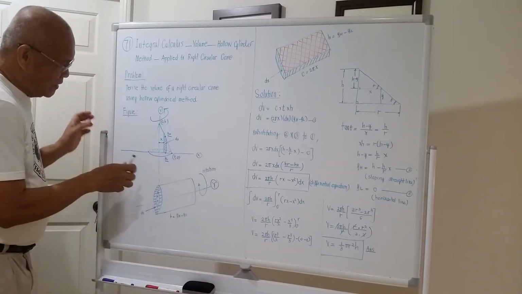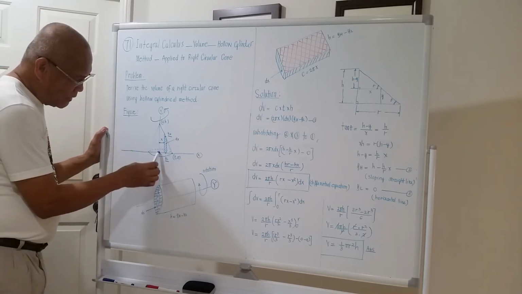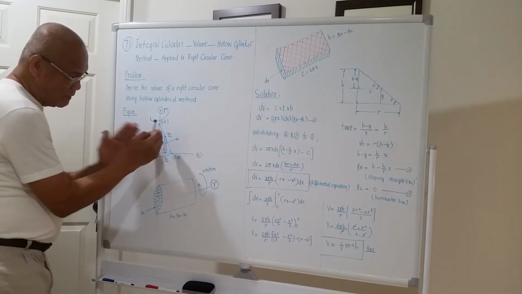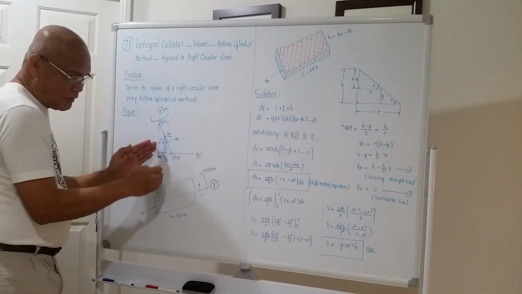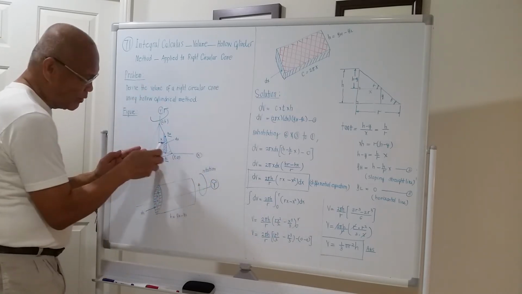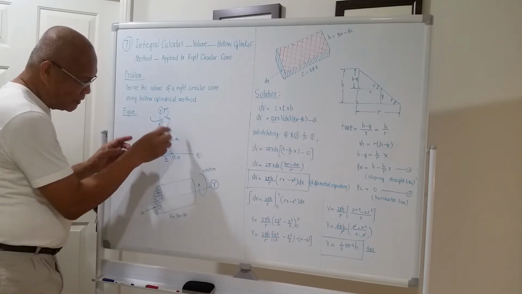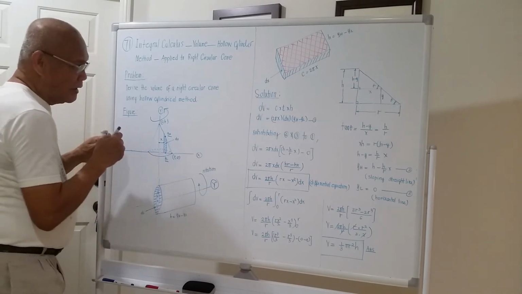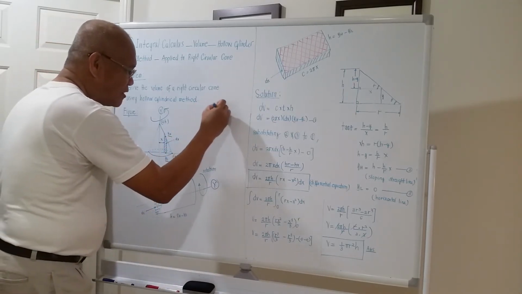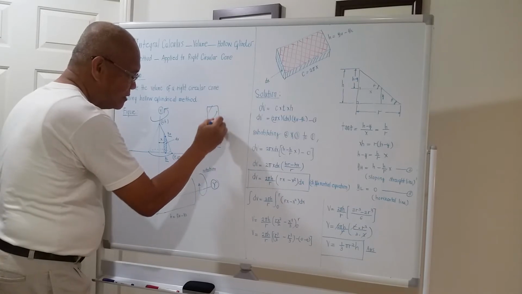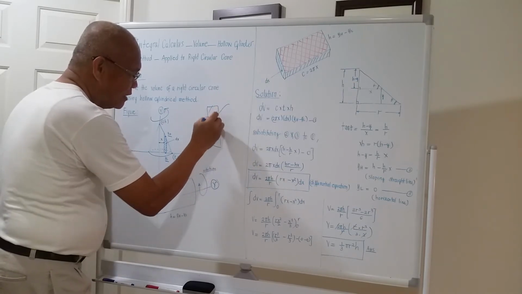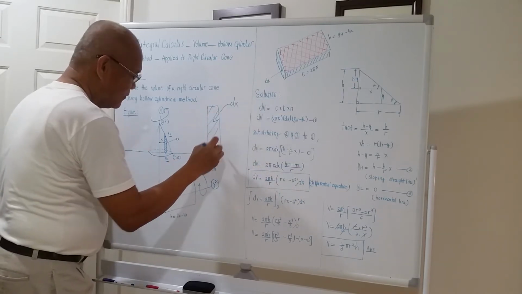The distance of the differential area from the axis of rotation is x. It is an abscissa, measured horizontally, so it should be x. And the thickness will be dx. If we enlarge it, it is something like this. The thickness will be dx.